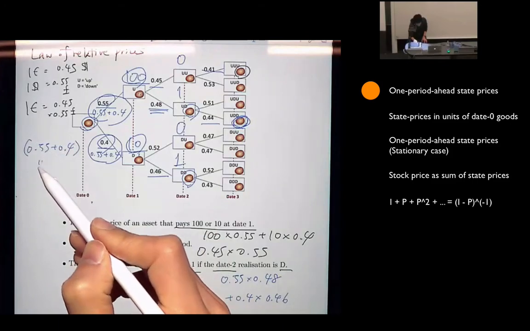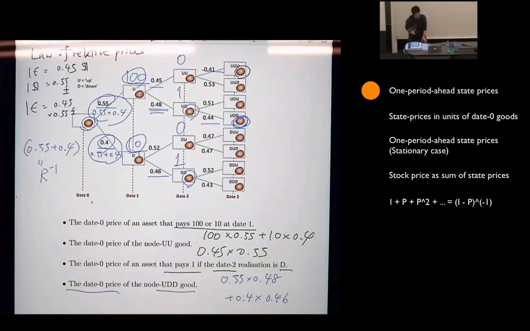This is the inverse of the risk-free rate. So it's a tautology, kind of. But you can see that mathematically, they are the same.